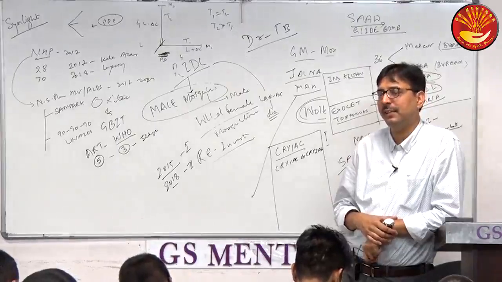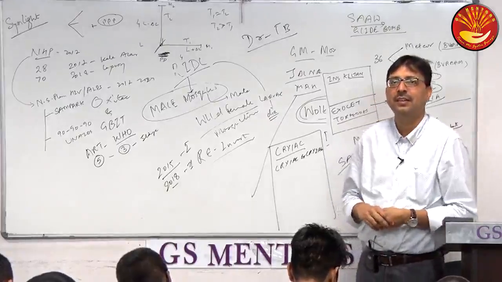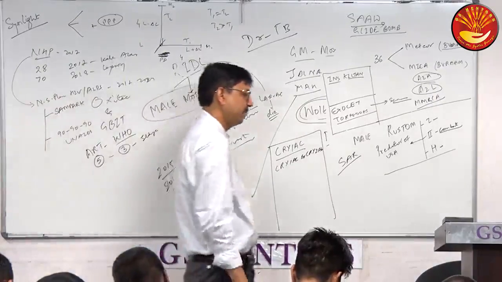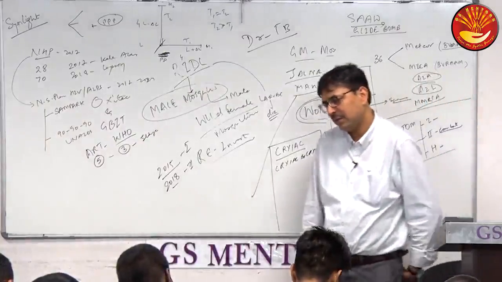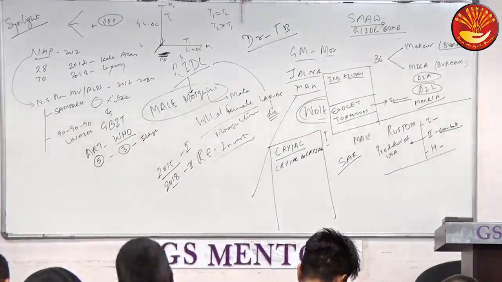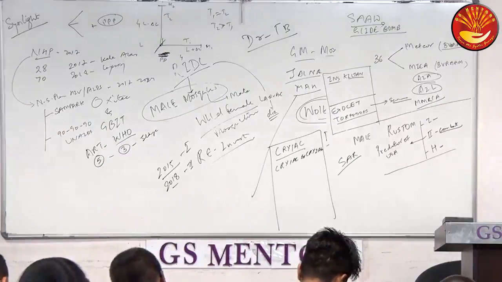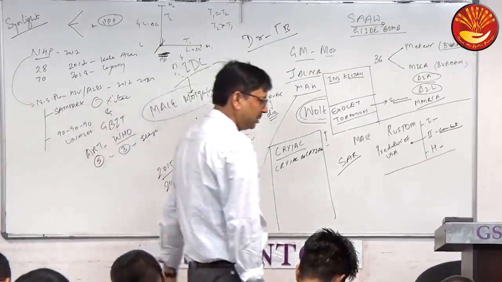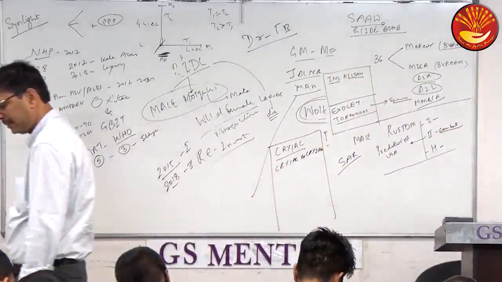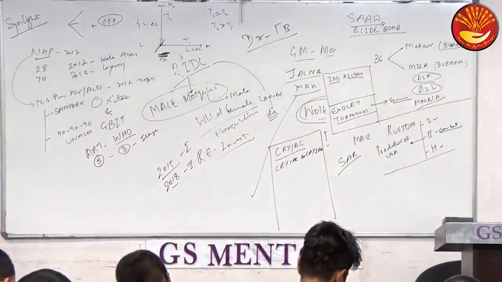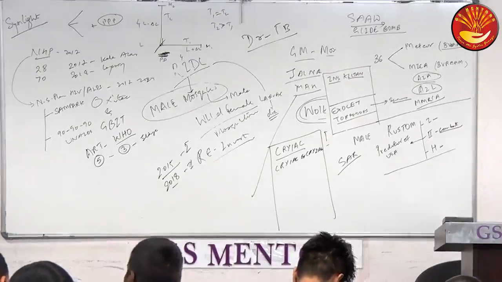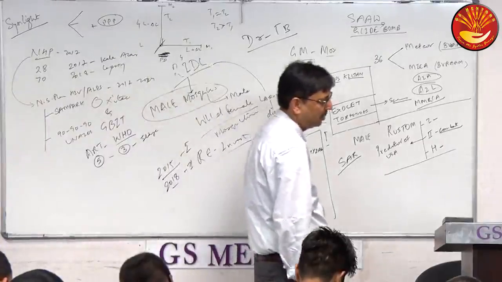The objectives of this policy are: increase health expenditure to 2.5%, eliminate leprosy by 2018, Kala Azar by 2017, TB by 2025, earlier it was 2030, now it is 2025, HIV 2030.